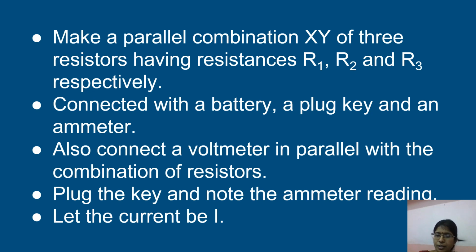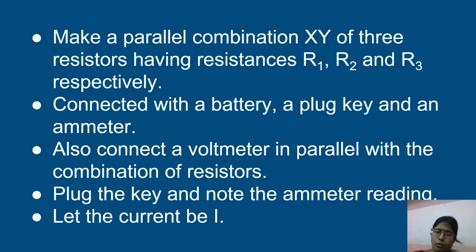Now consider parallel combination, and let's see what happens in a parallel combination. Make a parallel combination XY of three resistors having resistances R1, R2 and R3 respectively. These three resistors are connected between the points X and Y. Connect them with a battery, a plug key and an ammeter.